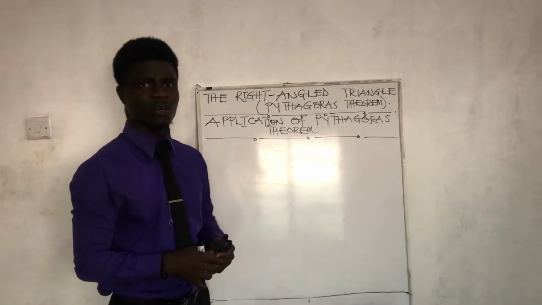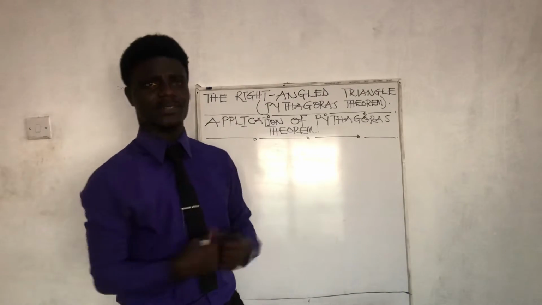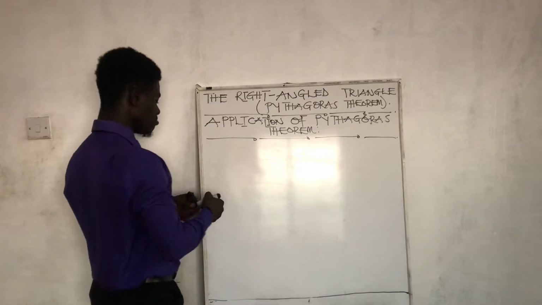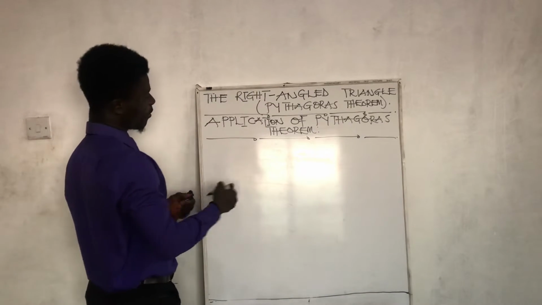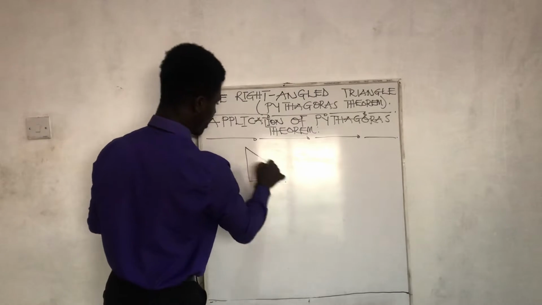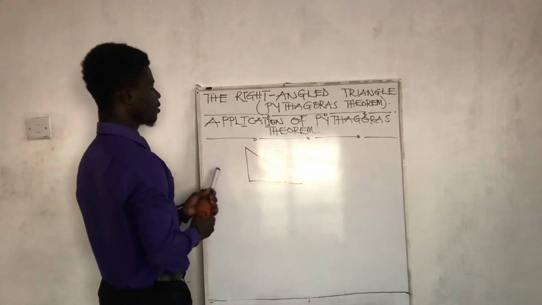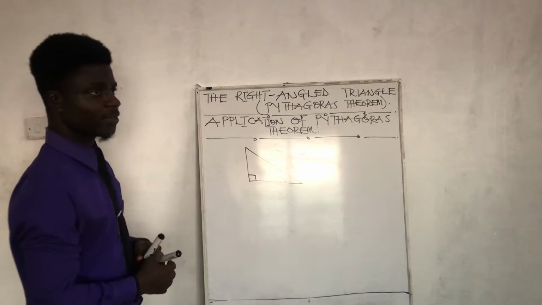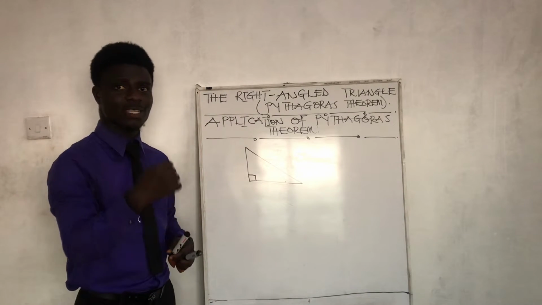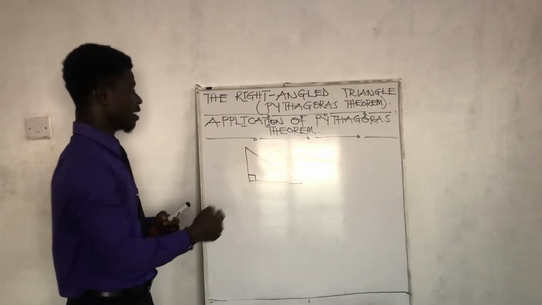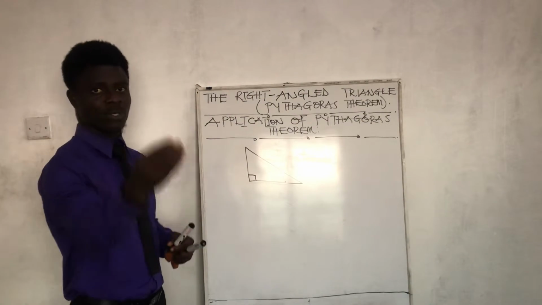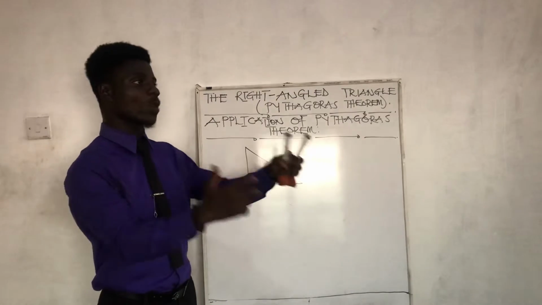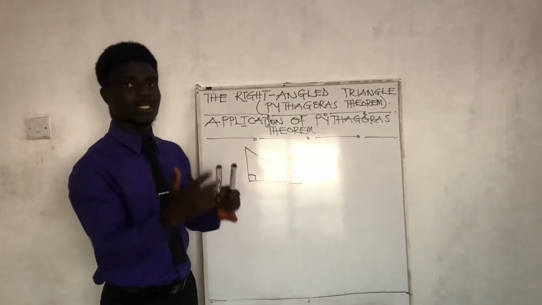let's recall what we learned in the last video. We said that if you have a right-angled triangle whose measure is up to 90 degrees, Pythagoras theorem states that the square on the hypotenuse is equal to the sum of the squares on the other two sides.